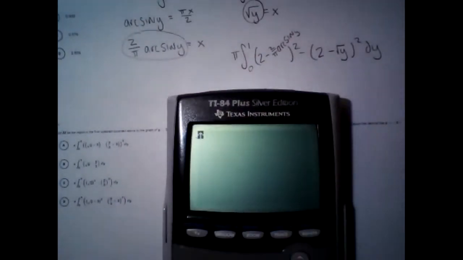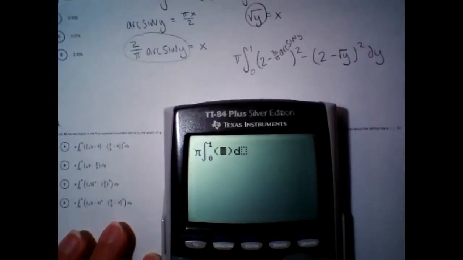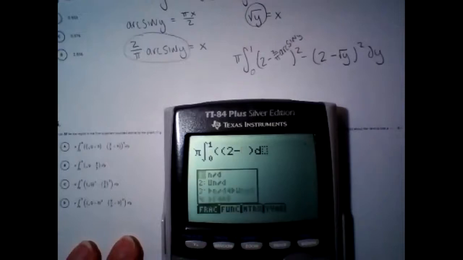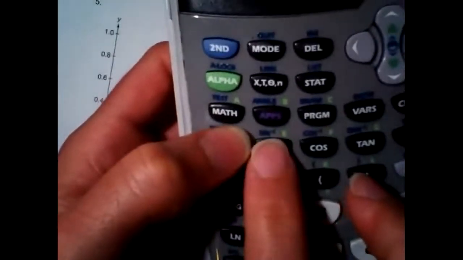All right, so pi integral, what was it, 0 to 1? And then parenthesis, 2 minus, then we need a fraction, 2 over pi. That says arc sine. On your calculator, it doesn't say arc, it says sine with the little -1 in there.